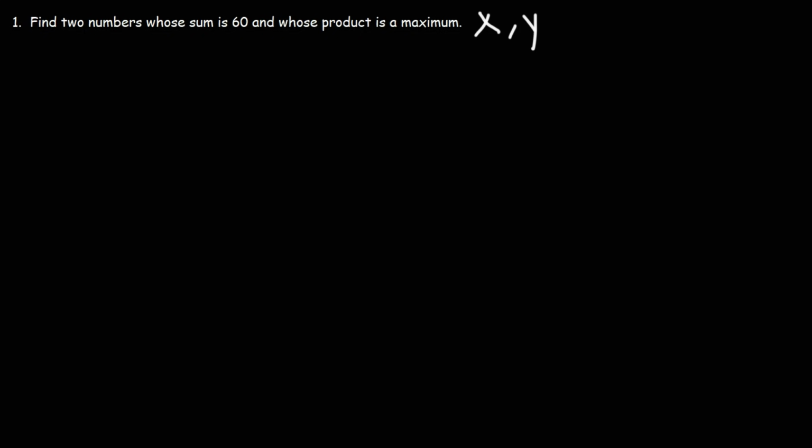The two equations are going to be the sum and the product. So what's the sum of x and y? The sum of x and y is simply s is equal to x plus y. The product is just what it is. It's the multiplication of those two numbers, x times y. So those are the two equations that we have.